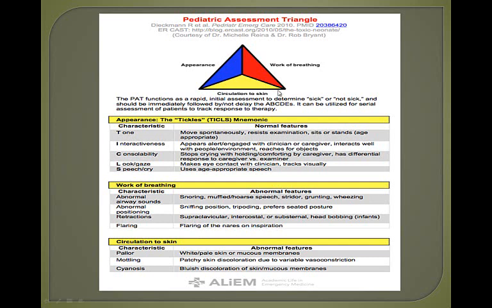And then the third part of the pediatric assessment triangle is circulation. And within circulation you have pallor. Are they white or pale? In dark-skinned children, they may be gray. Mottling. Do they have patchy skin discoloration due to variable vasoconstriction of their veins? And cyanosis.